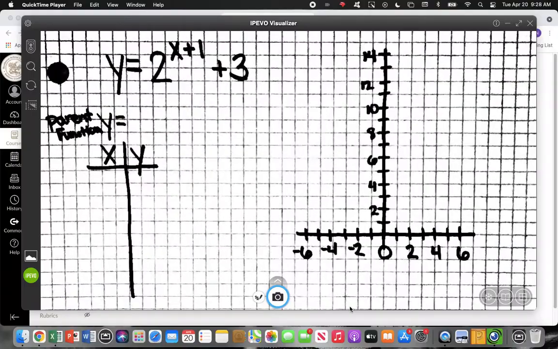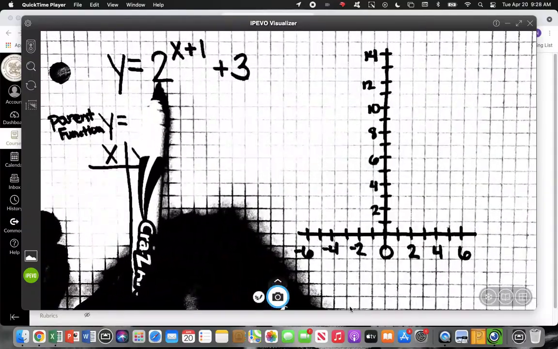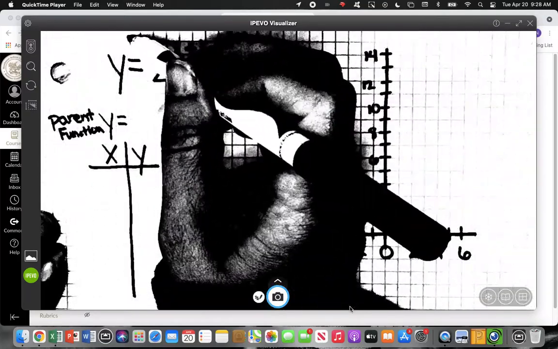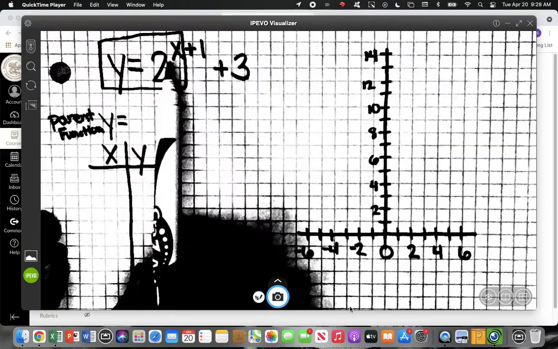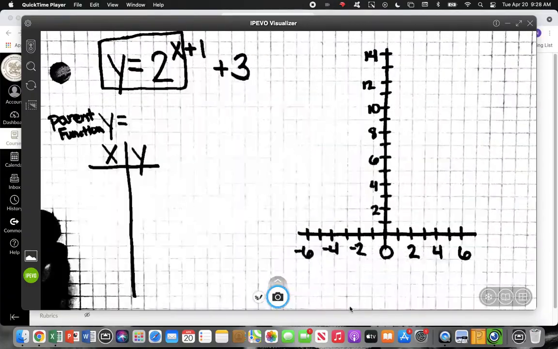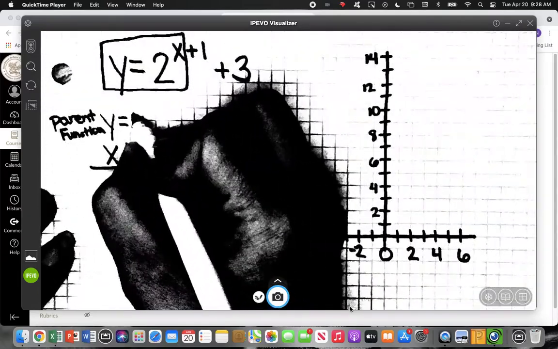The base is always the number that's being raised to a power. The base is 2, and the exponent is x. This right here is your parent function, your base and your power. Now this +1 and the +3, that's telling us how to move these points later. But the original function is just 2 to the x.